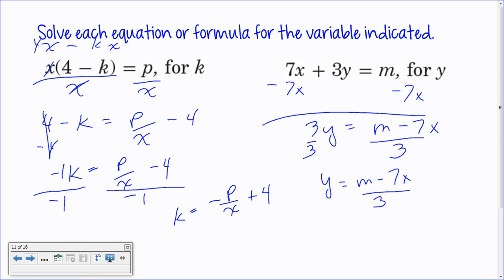And I don't care what you say, there's no way that you can sit there and do this in your head and just write an answer down. So don't even try. Okay? Just work it out. It takes an extra 10 seconds to do that.